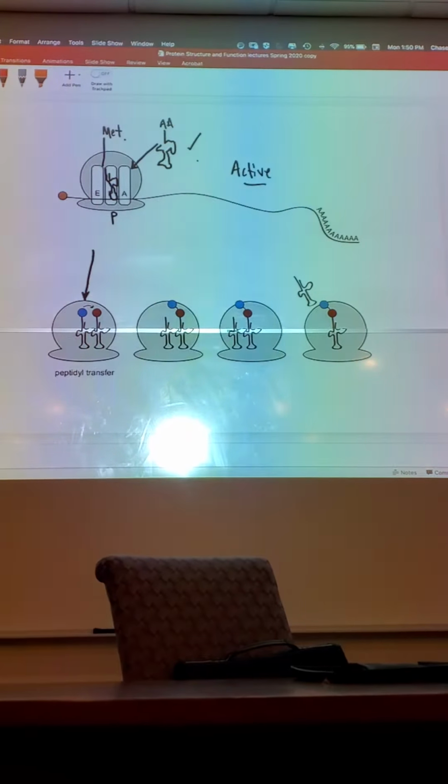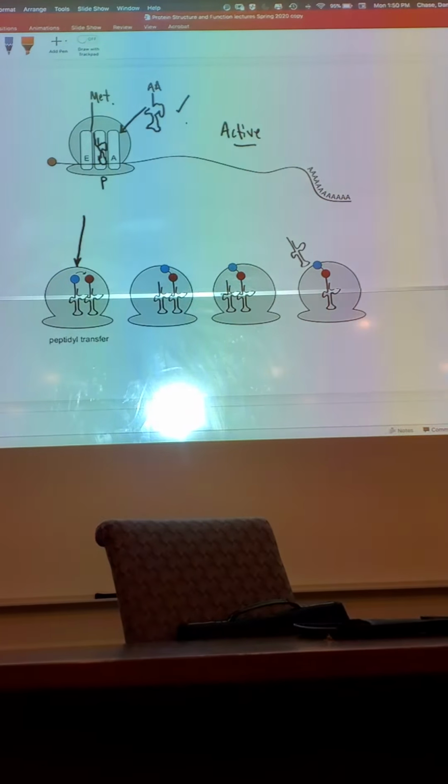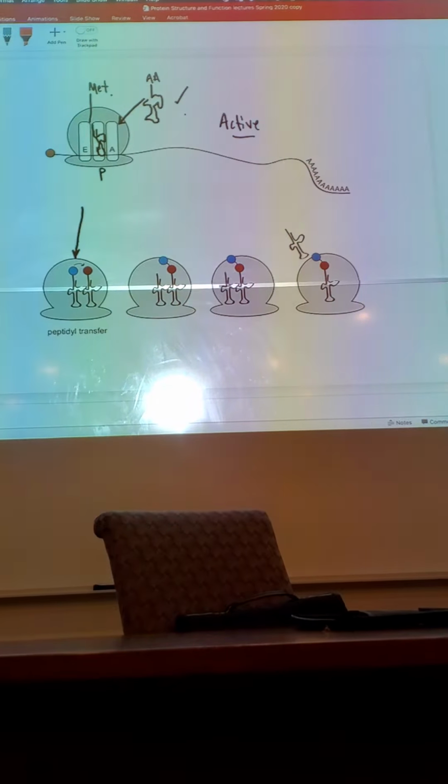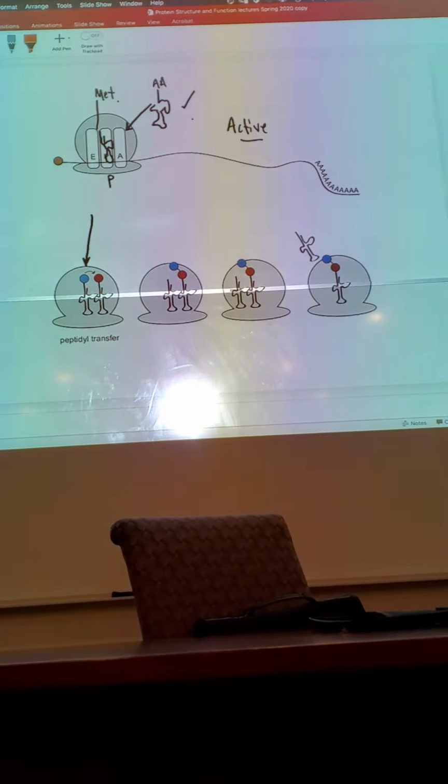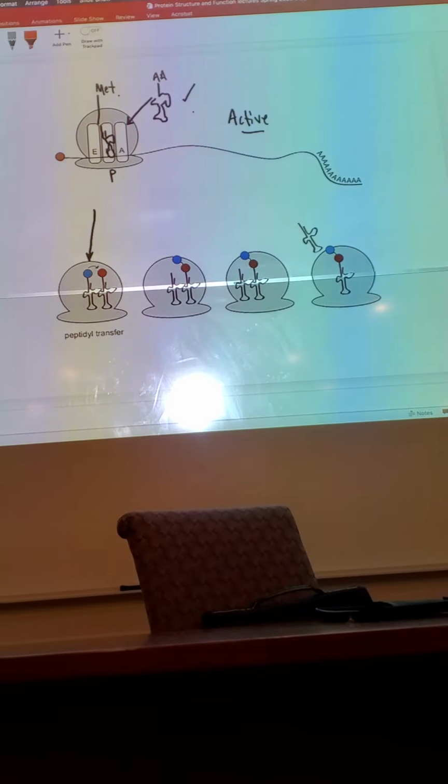The problem I have with this class is that we try to teach you a whole lot of stuff. You've got DNA structure, RNA structure, DNA replication, transcription, translation, protein stable folding, protein activity, then you move into membranes and cells and signal transduction, and just so much stuff.